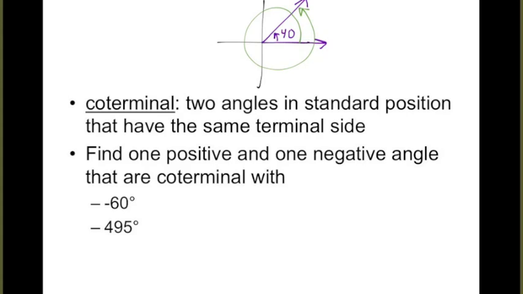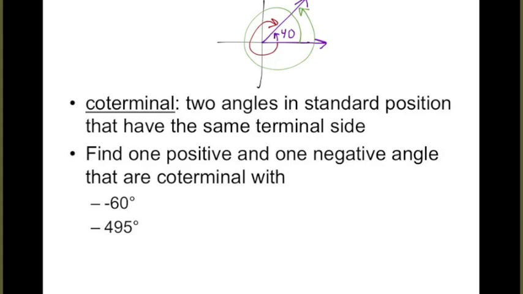Or maybe I wanted to go backwards, and that would have been negative 320. So you don't really know what I intended to do if all I give is my starting side and my ending side. Could you go around twice and then do 40? I could go around 13 times and then do 40 if I wanted.